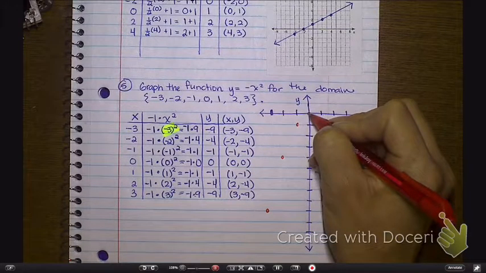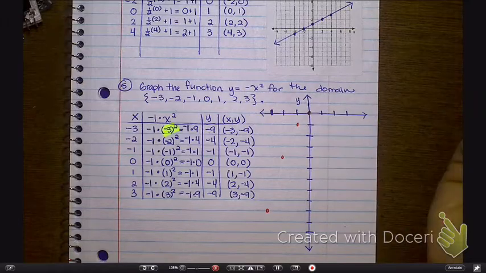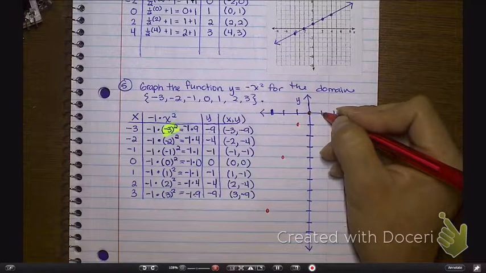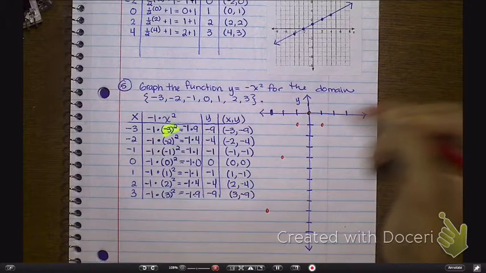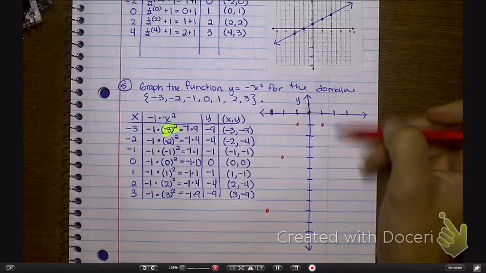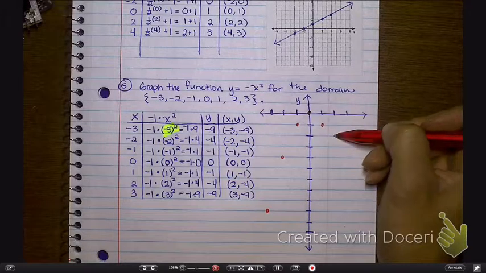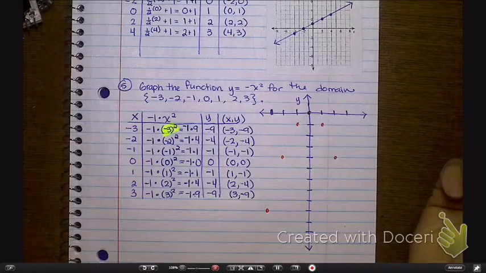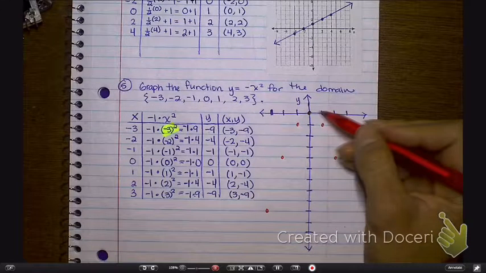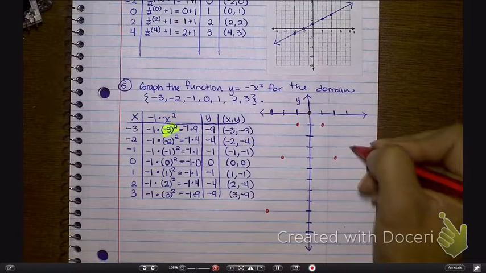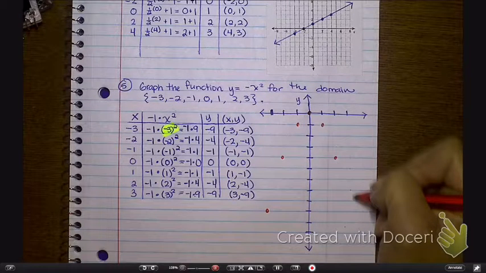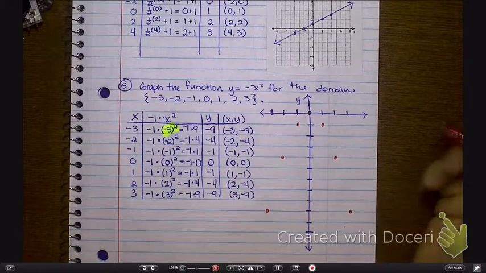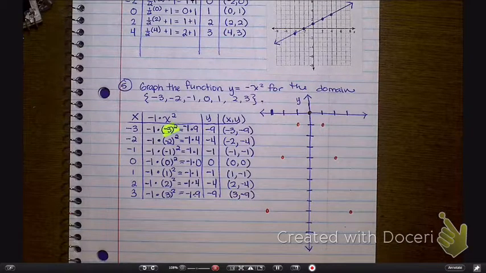That's right here at the origin. Then 1, -1, so over 1, down 1. 2, -4, so over 1, 2, and down 1, 2, 3, 4. And then 3, -9, over 3, down 1, 2, 3, 4, 5, 6, 7, 8, 9. So there are my points.